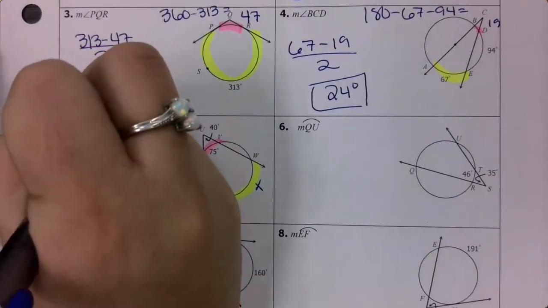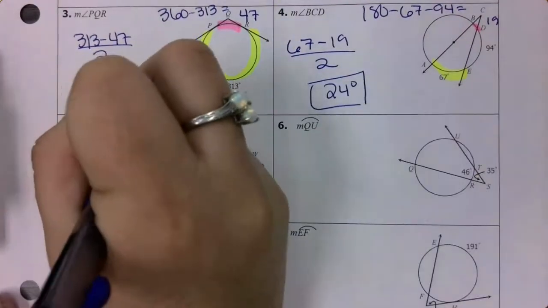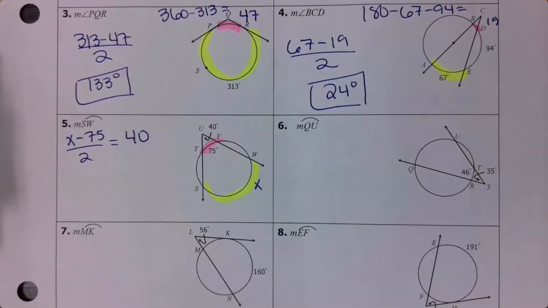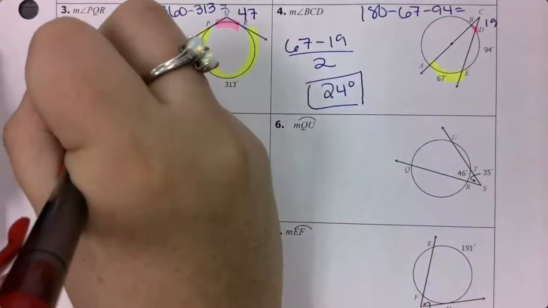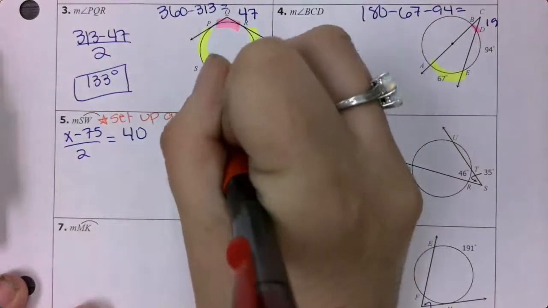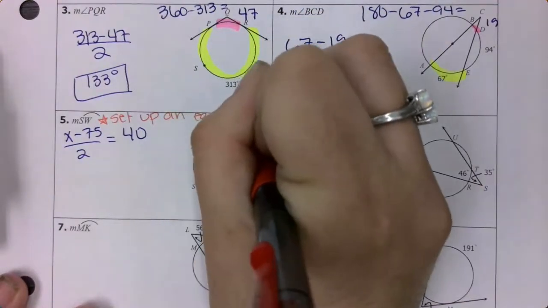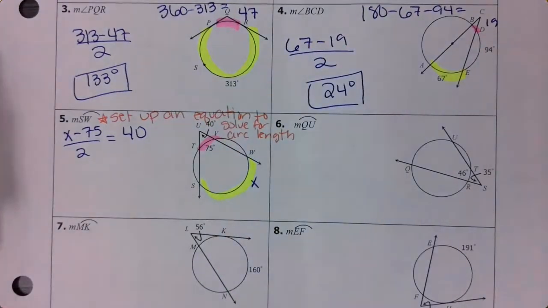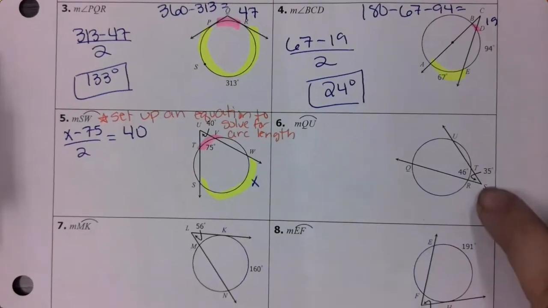I'm going to have (x minus 75) divided by 2 equals 40. So like over here, it's going to be equal to 35.